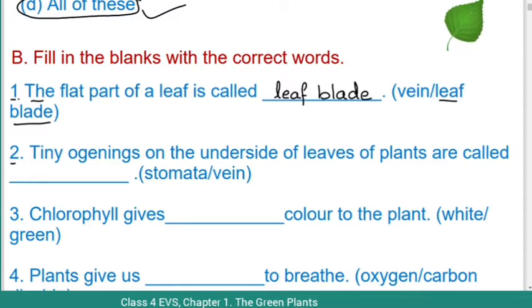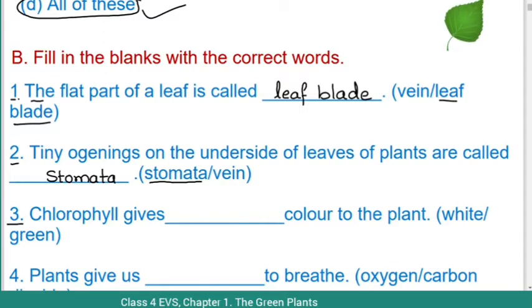Second one, tiny openings on the underside of leaves of plants are called stomata. So tiny openings on the underside of leaves of plants are called stomata.